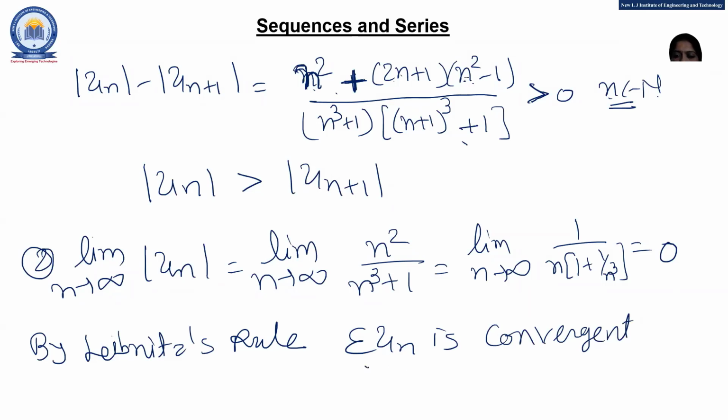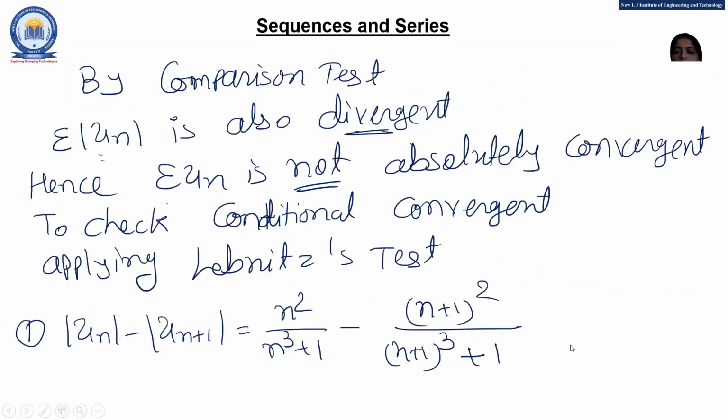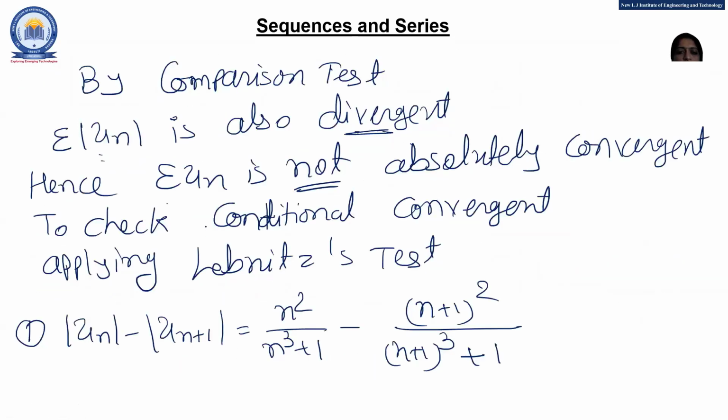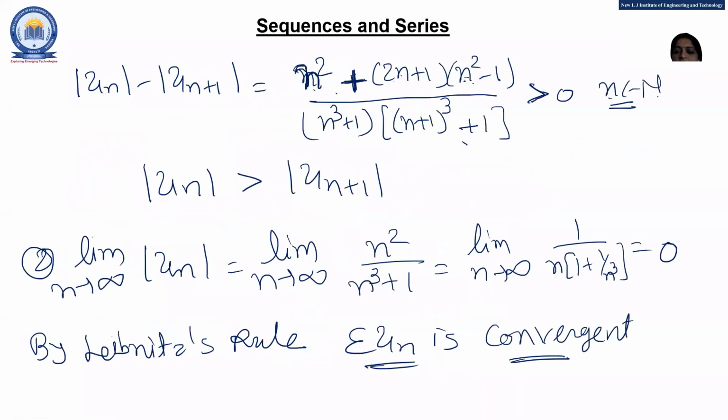So in this case, Un is convergent and |Un| is divergent. When your Un is convergent and |Un| is divergent, you can say that the given series is conditionally convergent. Here the series |Un| is divergent and the series Un is convergent.